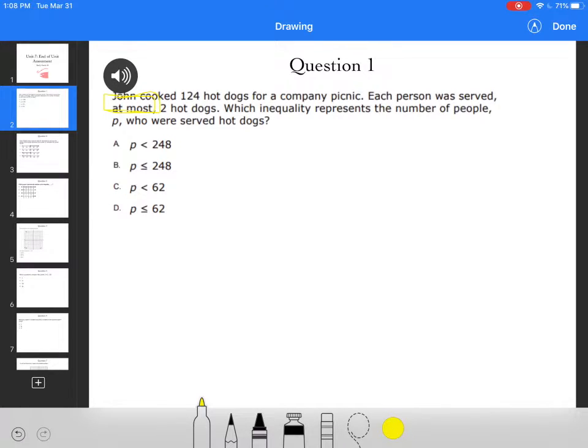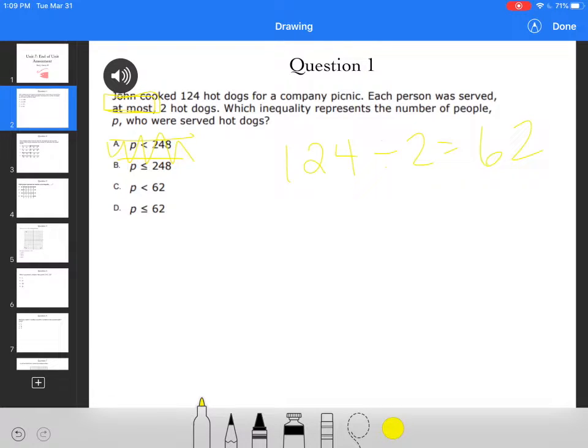So that means that I take the 124 and I'm going to divide that by 2 and I get 62. So I can eliminate A and B. Then I'm looking at the rest of them. So it says the number of people is less than 62, or the number of people is less than or equal to 62.